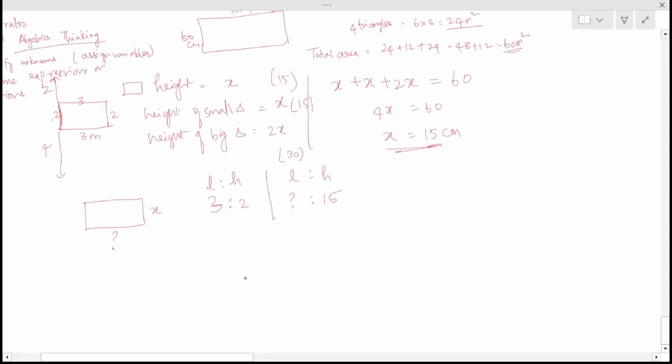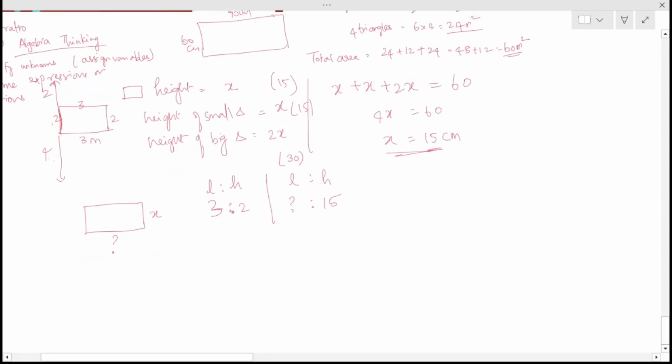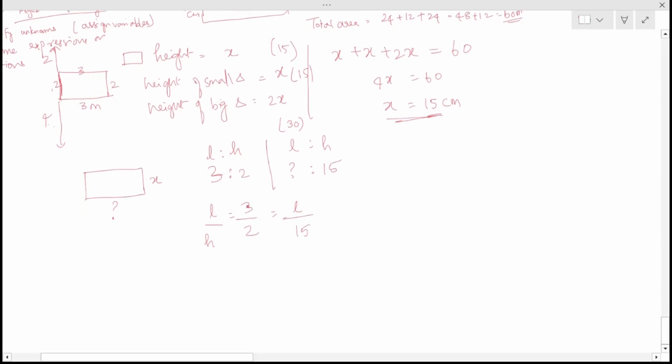From the ratio understanding, you might know that if the two ratios are to be equal, then you can write it as 3 by 2, like the top one, length by height of the two shapes should be the same. So 3 by 2 should be equal to the length of my new design, L, by 15. So again, 3 by 2 is equal to L by 15, and you know that if I want to find some value, I can make it the subject, right?